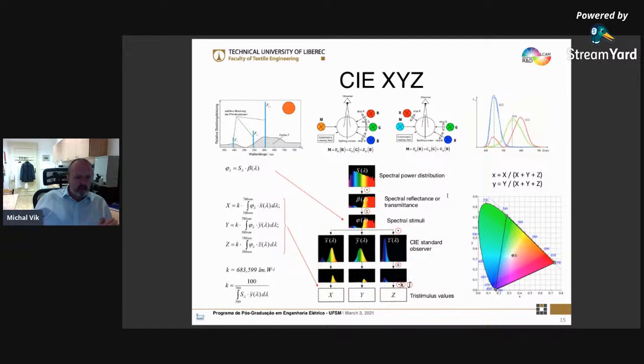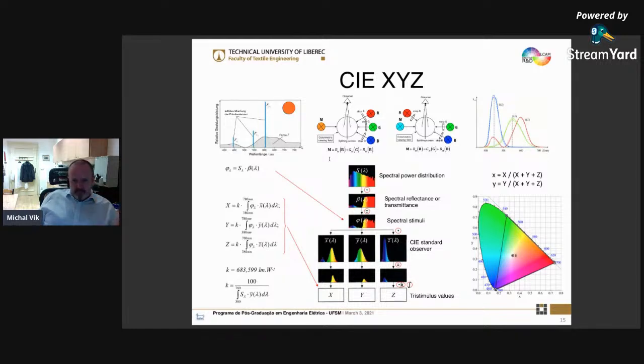You can use a test monochromatic light for illumination of half of a white tile or white surface, and on the other side you use illumination combined from red, green, and blue colors. If these two parts appear the same as here, then you can write that M is equal to RGB.